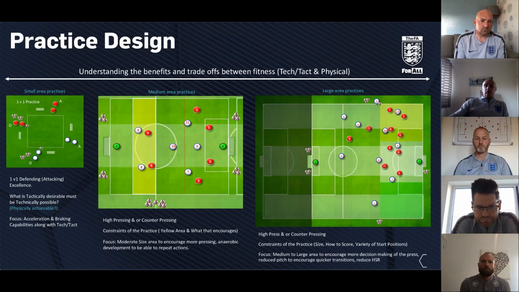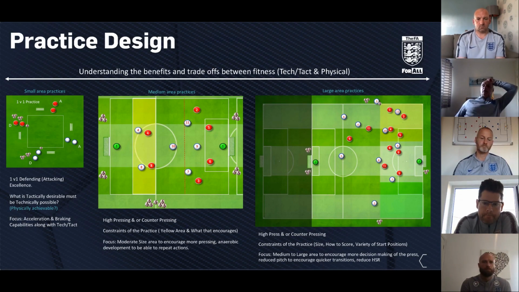Right. So linking into that, Matt, I'm going to come to you in a second. We're going to go just to the returns from different positions linked into the high press. Just to go back to the chat box, Tom Whitehead has asked, would you change the way of pressing if you work with younger players? Well, again, I think we answered that earlier in the session, where if we work in FP, YDP to develop into this area, the players need to have an understanding, tactically, to be able to press in different ways.